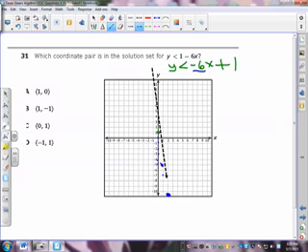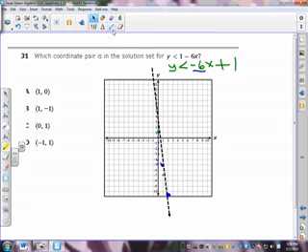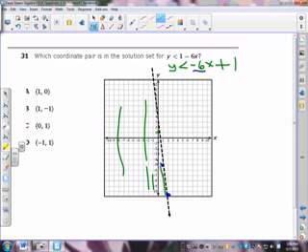Why am I drawing a dashed line instead of a solid line? You're correct. It's because we don't have the equal to there. And since it's less than, we need to shade. The way that you would shade here is you would shade down. So the solution would be all in this area here.